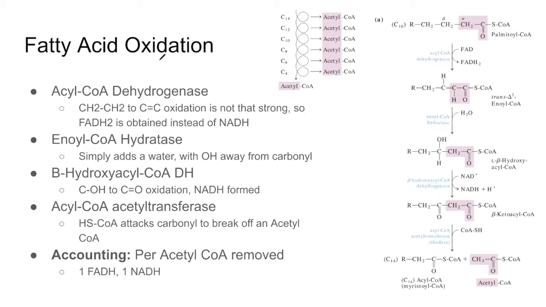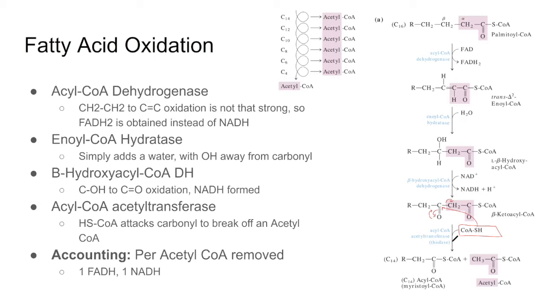And so this is where a special reaction happens, where acetyl-CoA comes in and attacks this carbonyl. And if this carbonyl gets attacked, the carbonyl swings up, the electrons swing up, and then eventually it will come back down again. And when it comes back down again, it kicks out the CH2.